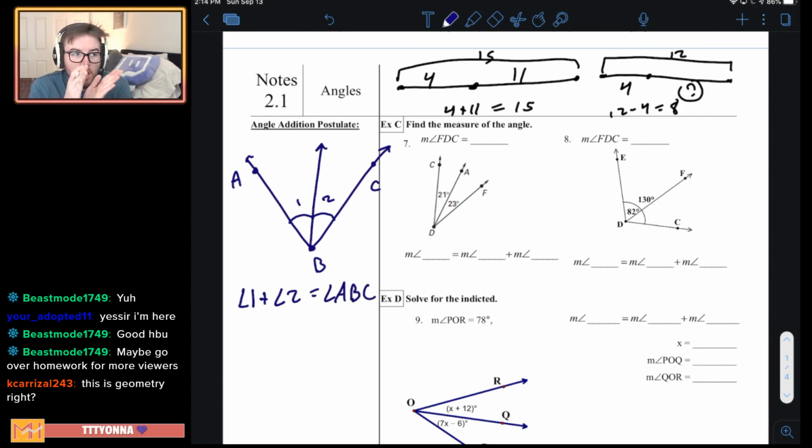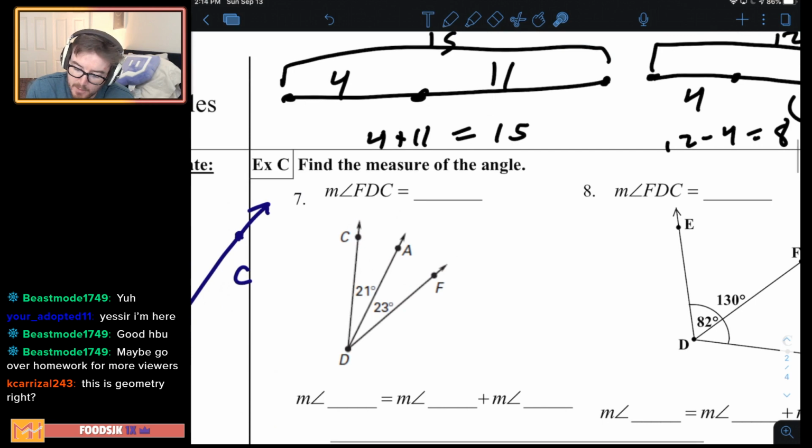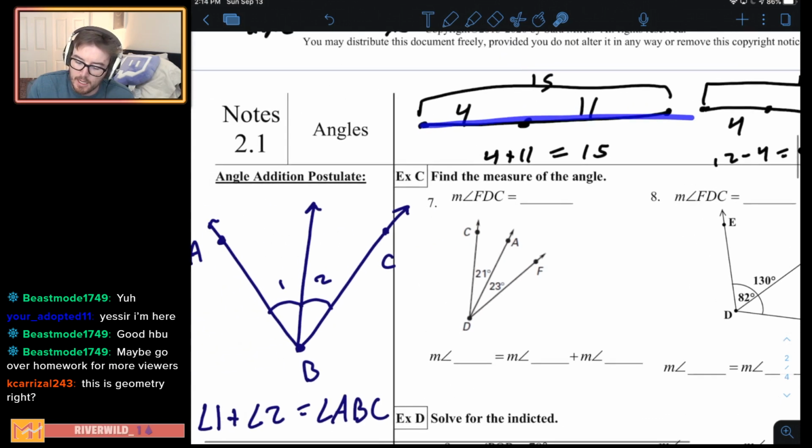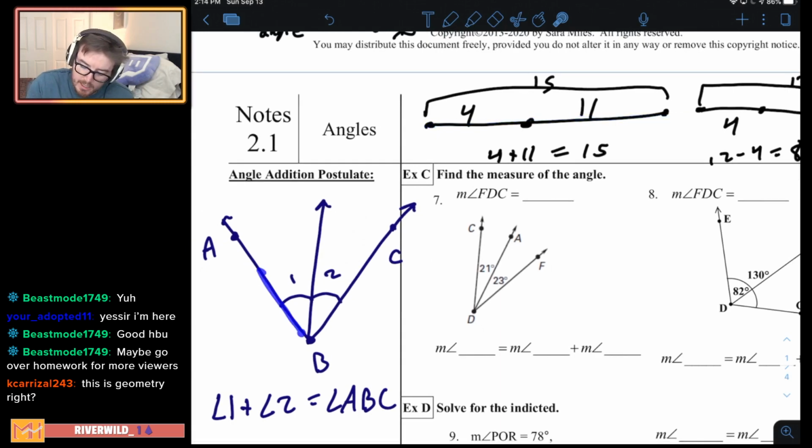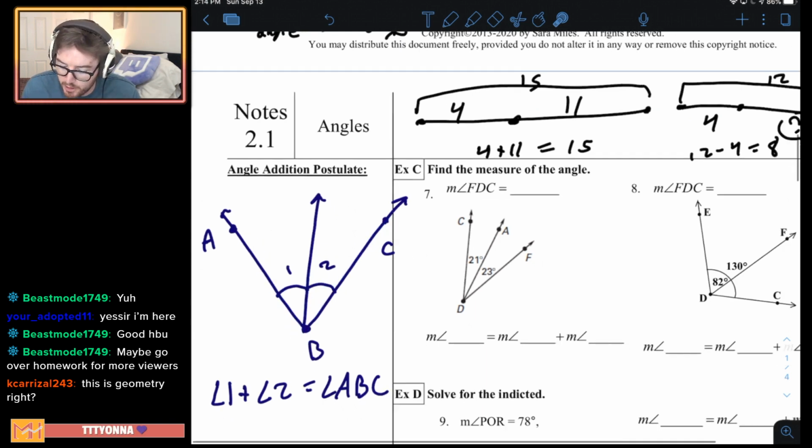The sum of the 2 smaller angles add up to be the big one, just like the sum of the 2 smaller segments add up to be the whole thing. I'm using the exact same logic. These 2 smaller angles add up to be the entire angle. Pretty straightforward thought.